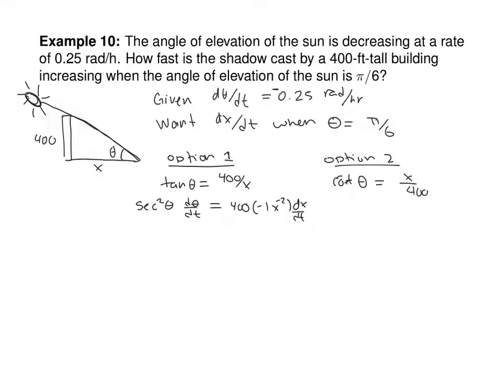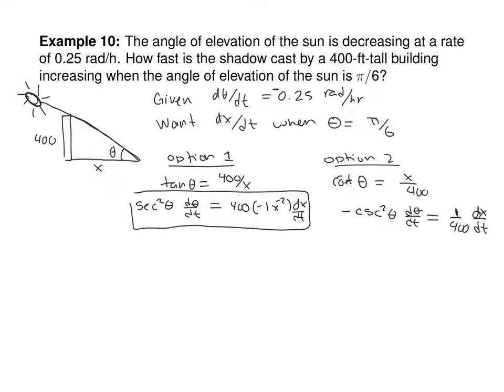What's the derivative for option 2? d theta/dt equals... 1 over 400. Yep. Okay, so for option 1, it is possible, when you know this theta is pi/6, you can figure out what x is. You could say tangent of pi/6 is 400 over x. You could solve for x.